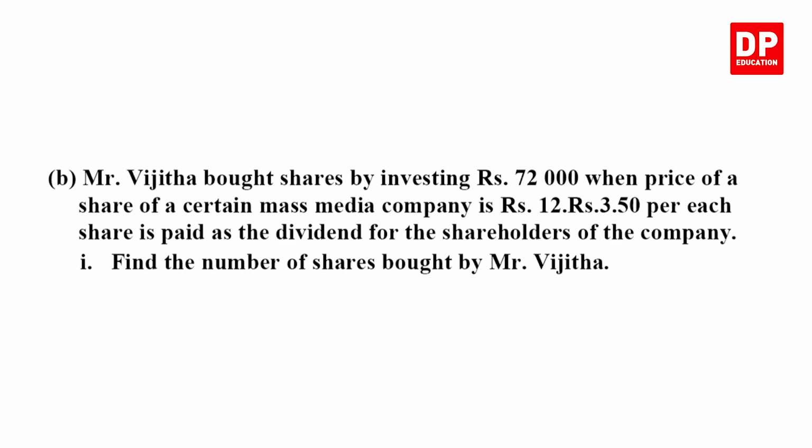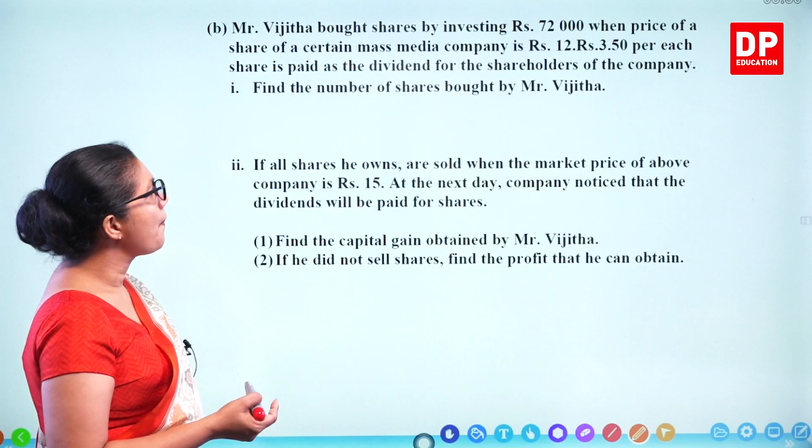Part B. Mr. Vijitha bought shares by investing 72,000 rupees when the price of a share of a certain mass media company is 12 rupees. 3 rupees and 50 cents per share is paid as the dividend for the shareholders of the company. Find the number of shares bought by Mr. Vijitha.